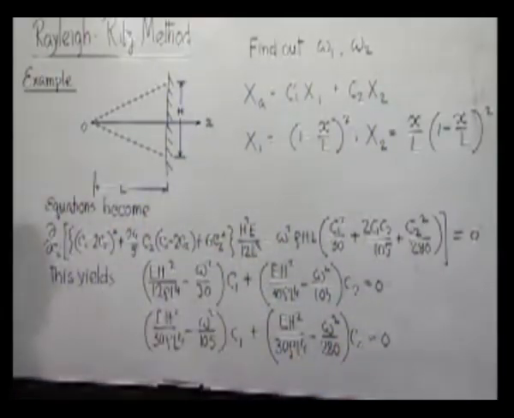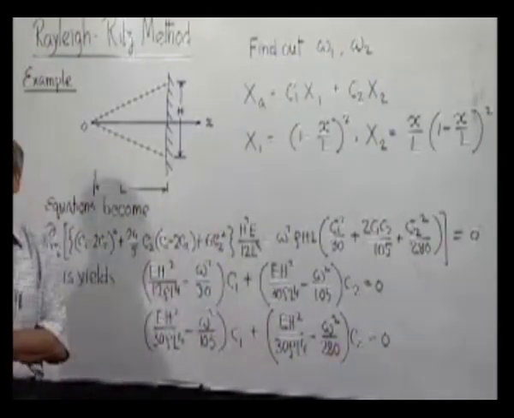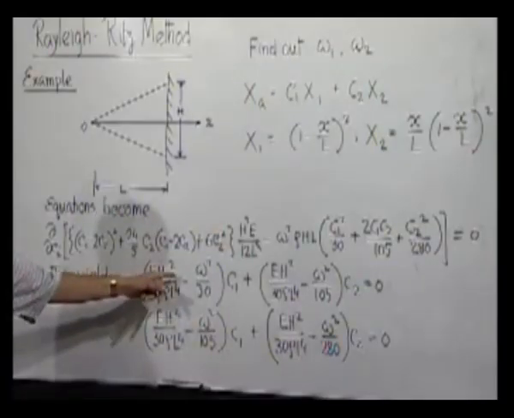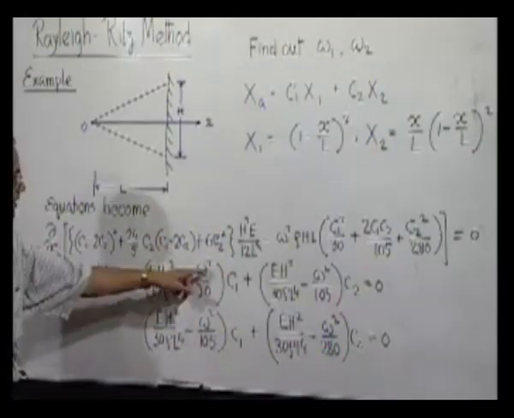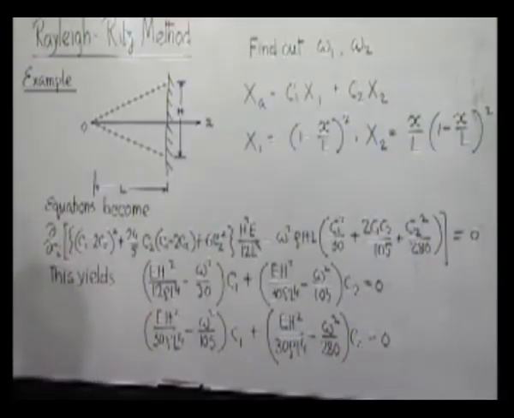So now these are our final equations, homogeneous equations in C1 and C2, and as I have been mentioning, a non-trivial solution will be possible only when the determinant of the coefficients is equal to 0, and we can see the determinant of these coefficients contains this term omega square. So this will ultimately give us an equation in omega square.